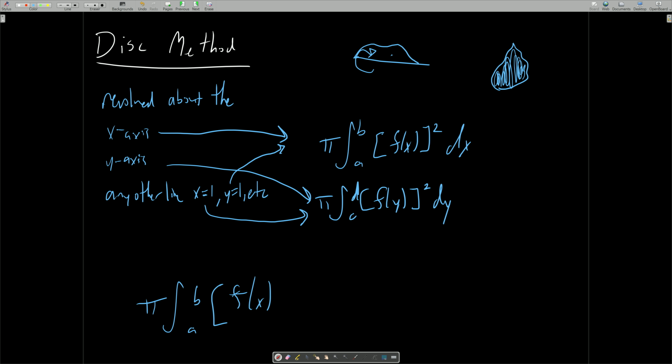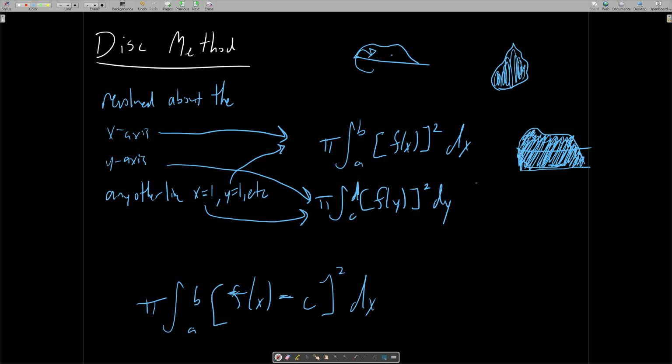But if you have a line that you're revolving around, I'll call it just C, right? Let's say I have this same thing, but I want to revolve it around this line instead, using the disk method. So now I have all this extra area to count as part of this solid.